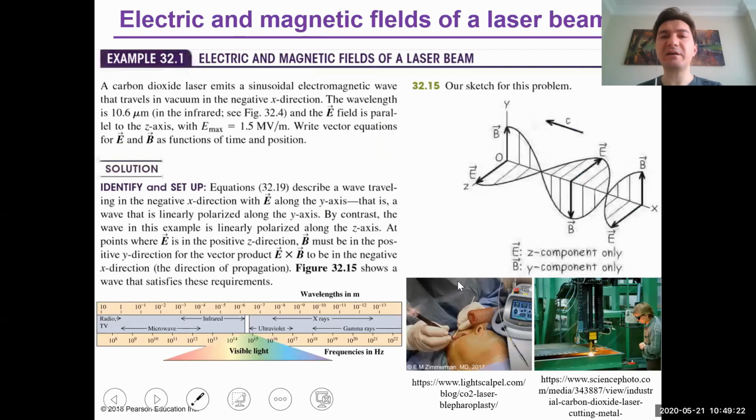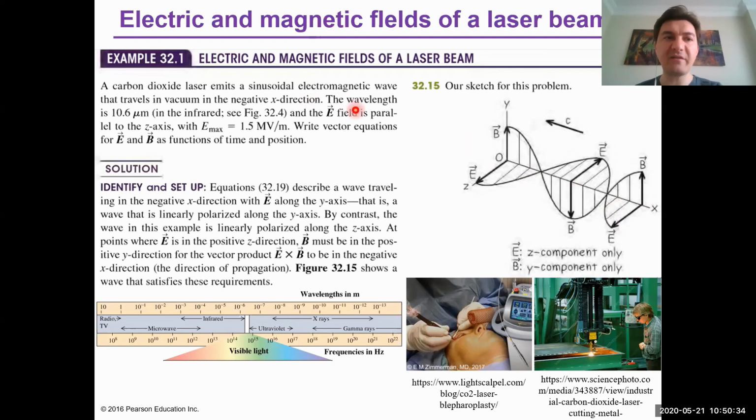Okay, here let me discuss the first example, electric and magnetic fields of a laser beam. Laser is also a sort of electromagnetic wave. So here, what is the question? A carbon dioxide laser emits a sinusoidal electromagnetic wave that travels in vacuum in the negative x direction.